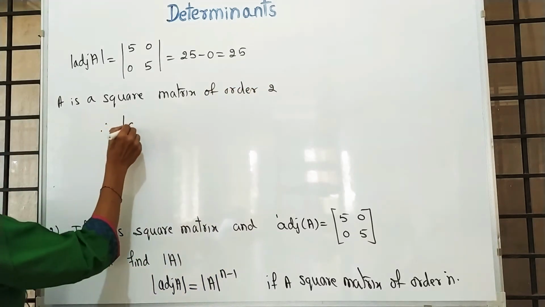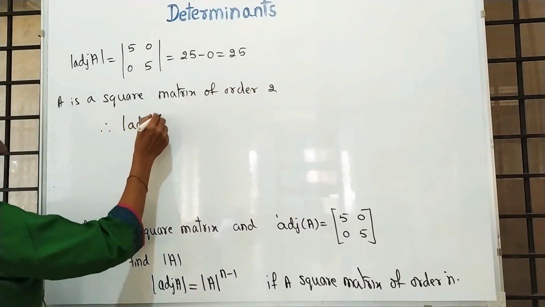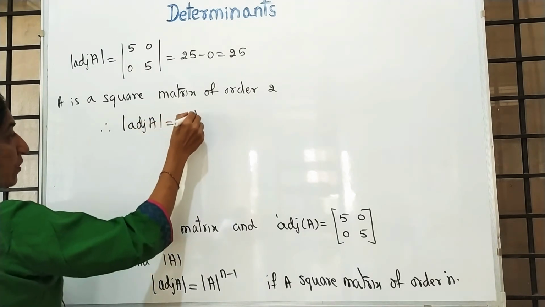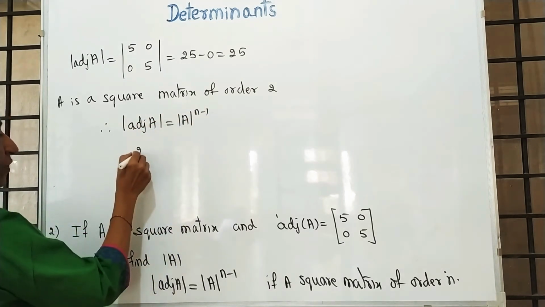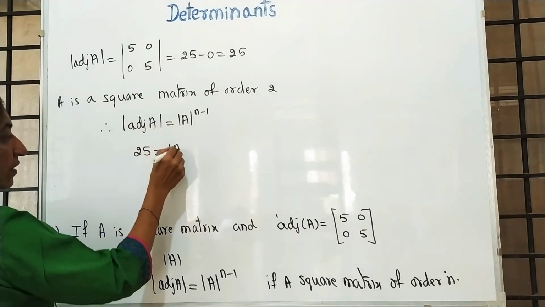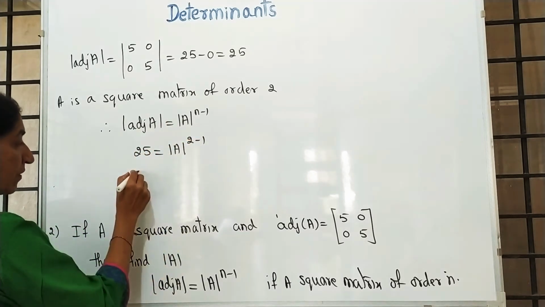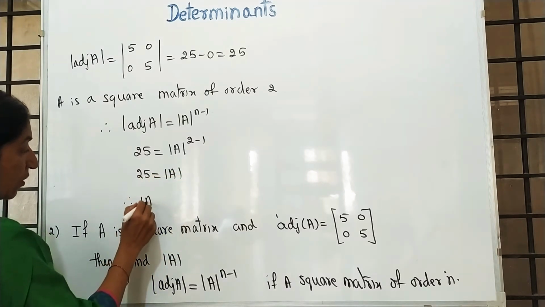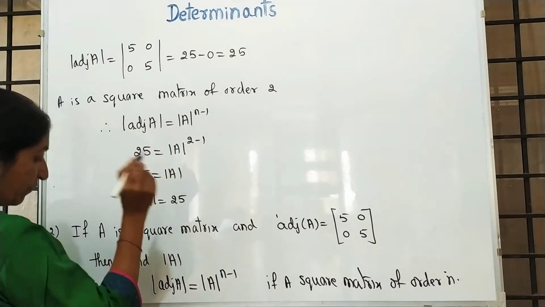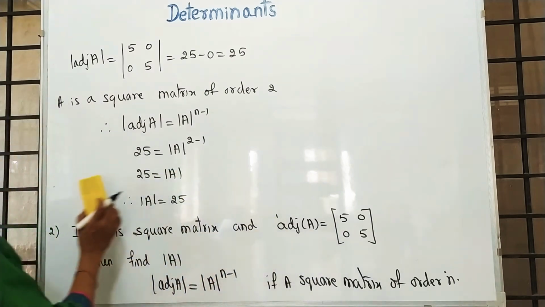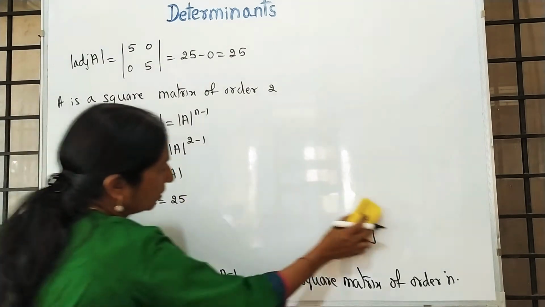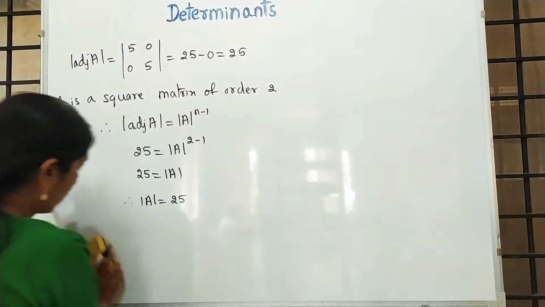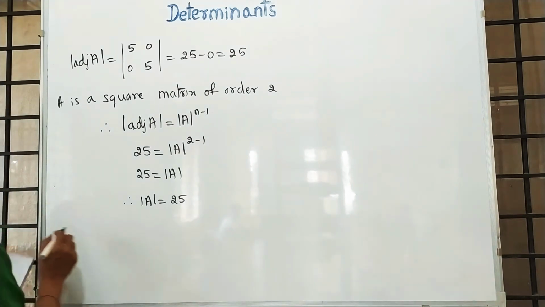Therefore, determinant of adjoint A is equal to determinant of A raised to n minus 1. Determinant of adjoint A is 25. This is 2 minus 1. See, determinant of A is 25. As I told you, wherever it is necessary, I am giving you the solution. Otherwise, I will give the questions because we already solved them in the previous classes.